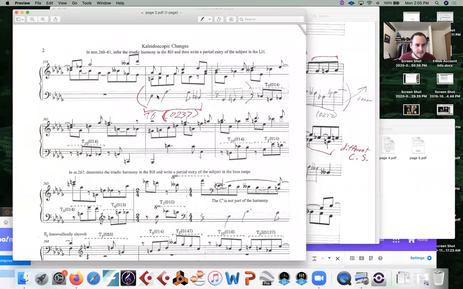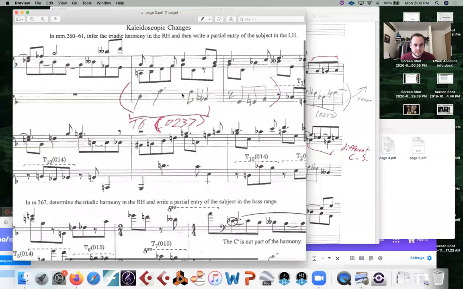But anyways, here's what I tried to do here. It says write a partial entry in the left hand based on the harmony, and I assumed that this G was a suspension. It was really D, F, A was the triad in mind there.